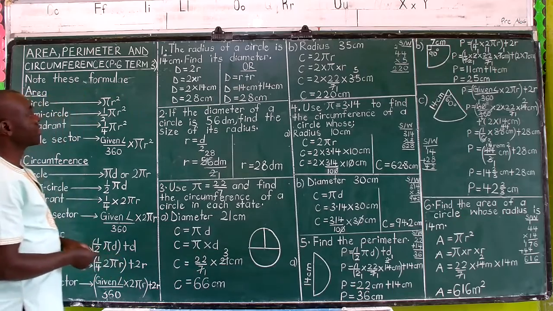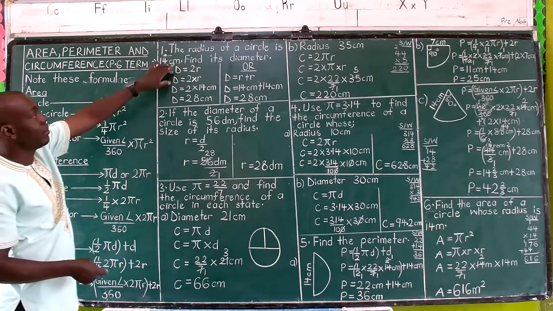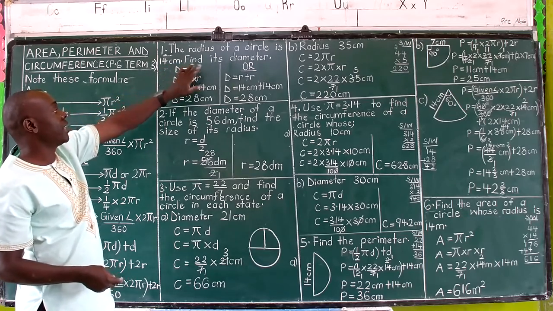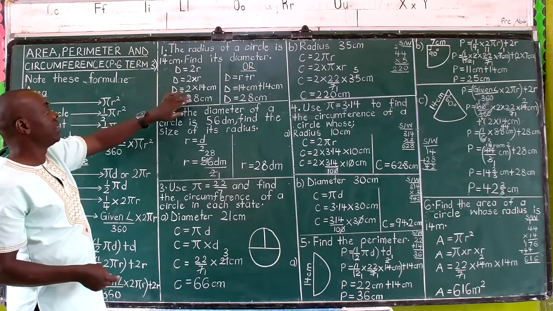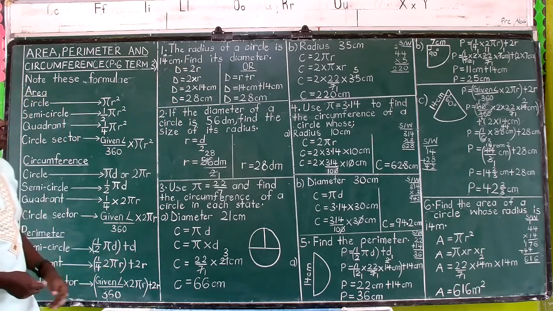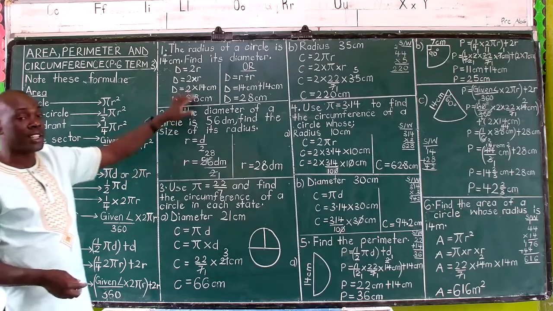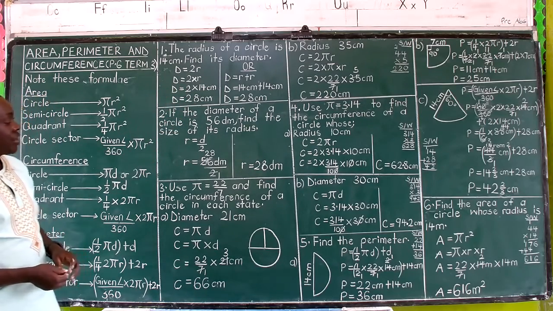So both will lead to the same answer, like we are going to see now. Diameter is equal to 2 times radius. Now diameter equals 2 times the radius of 14 centimeters. So twice 14, you get 28, answer in centimeters. So diameter is equal to 28 centimeters.